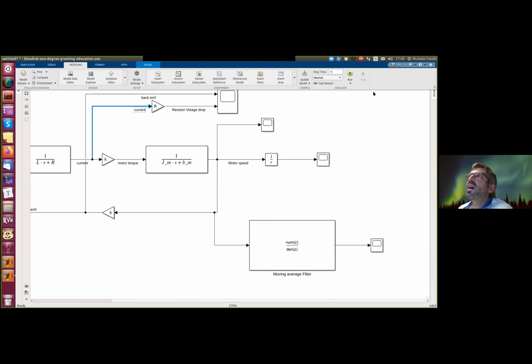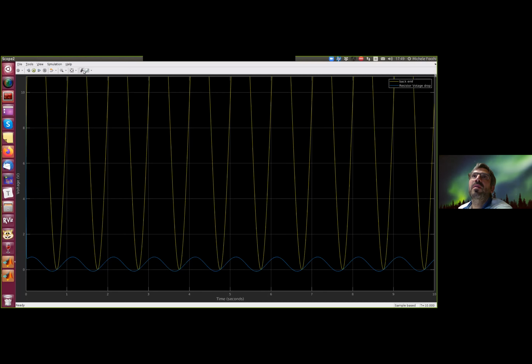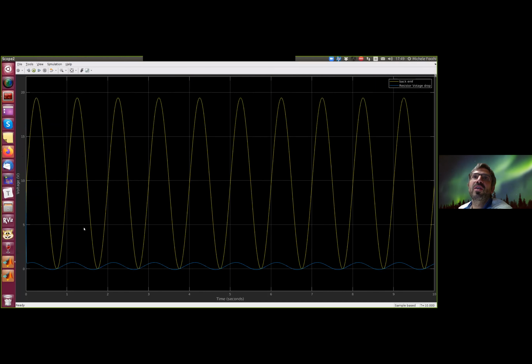We see that the majority of the voltage goes to the back EMF and very little to the current. Why? Because we don't have a load. We are just overcoming viscous friction at the steady state.